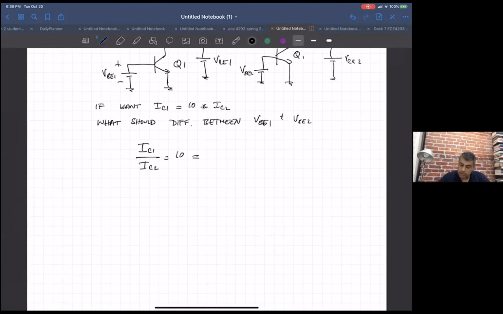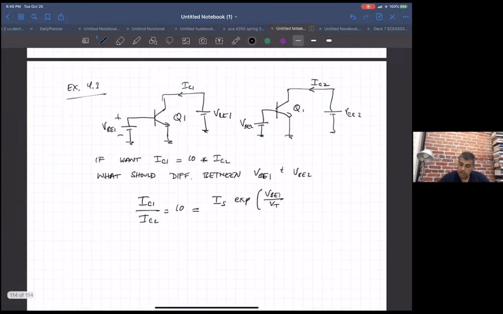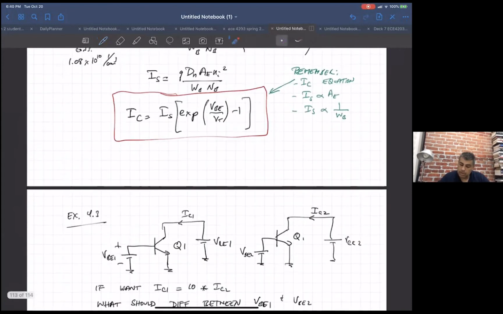So if I write the equations for each, it's I sub S exponential of VBE1 over VT. By the way, if you remember in the diode, as soon as we got forward biased, we could get rid of the 1 because this exponential number was so big.